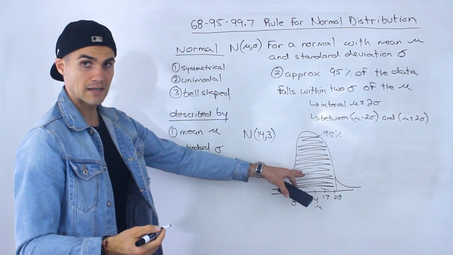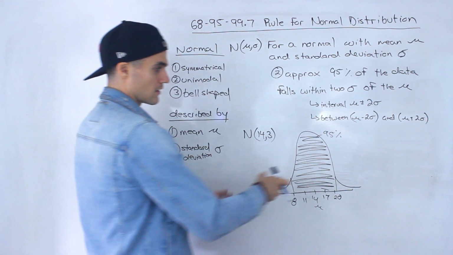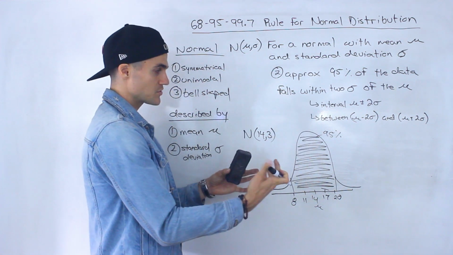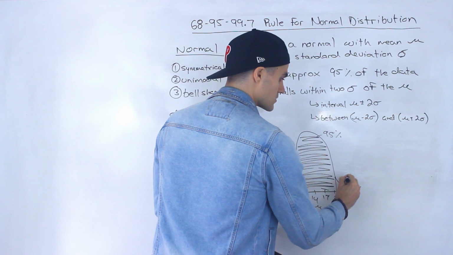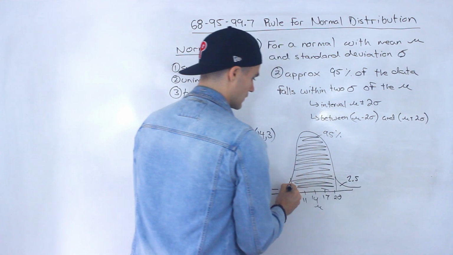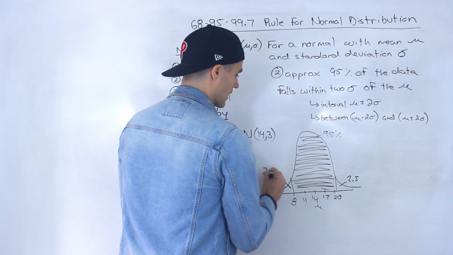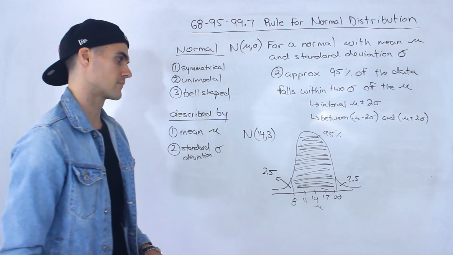Okay, and then the total remaining area is going to be 5%, 100 minus 95, but then it's split evenly between these two areas. So this is going to be 2.5, and this is going to be 2.5, like that.